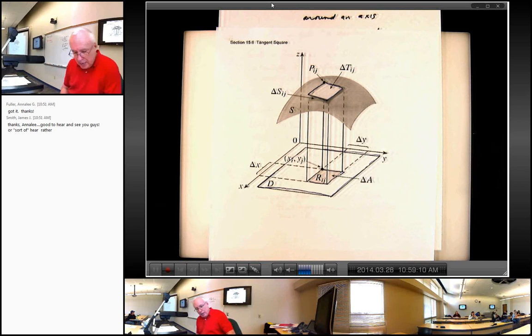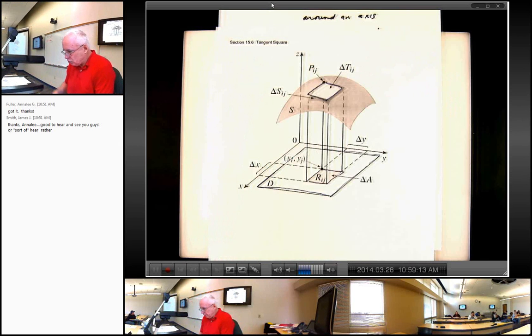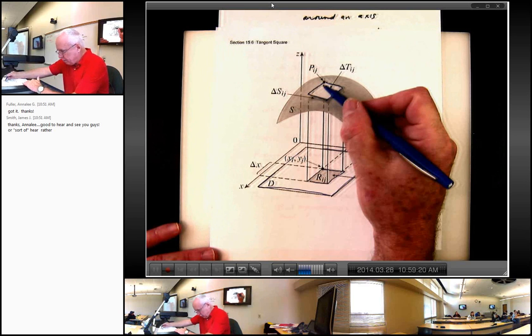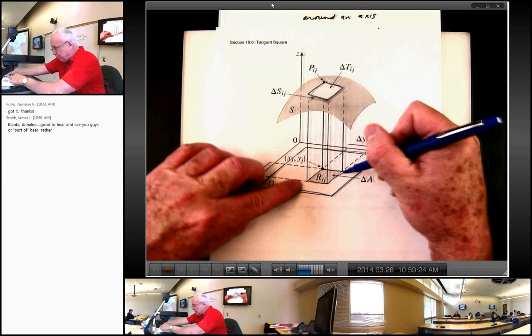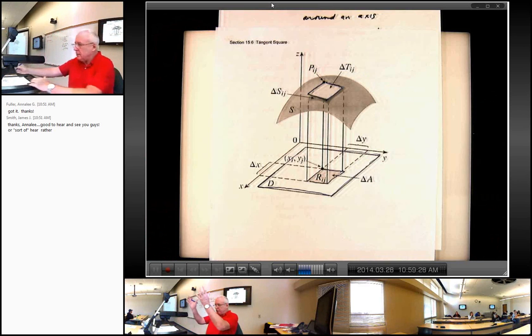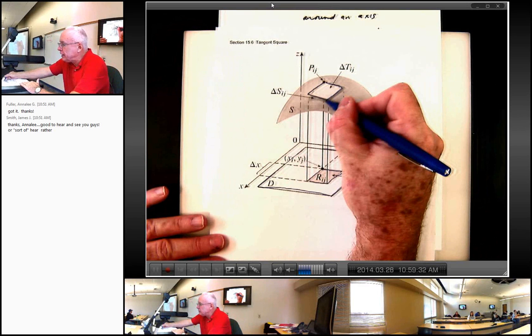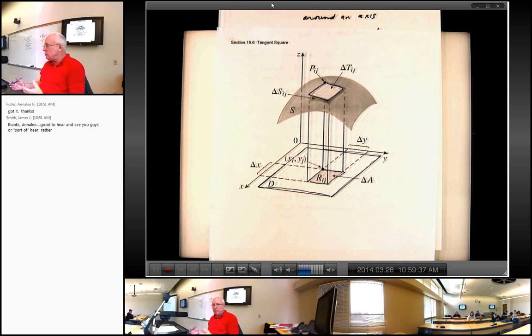Okay. Now, we're going to be using this square here in order to approximate the surface. We're going to call the portion of the tangent plane that's directly up from our sub-rectangle, so we project that sub-rectangle up, and that cuts our tangent plane into just a rectangle of some kind, okay?